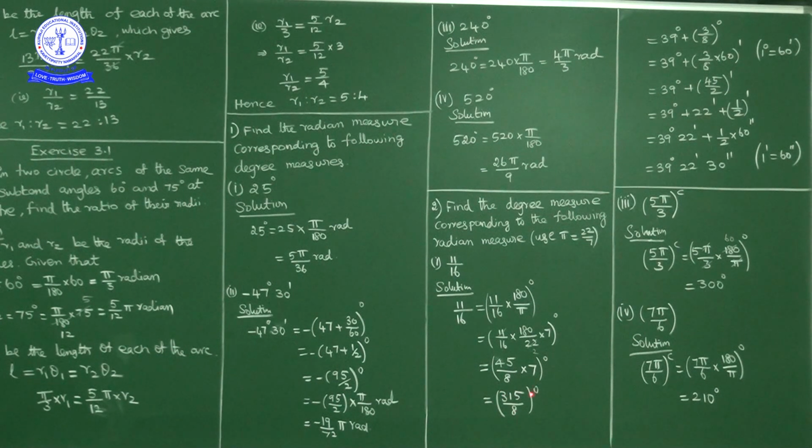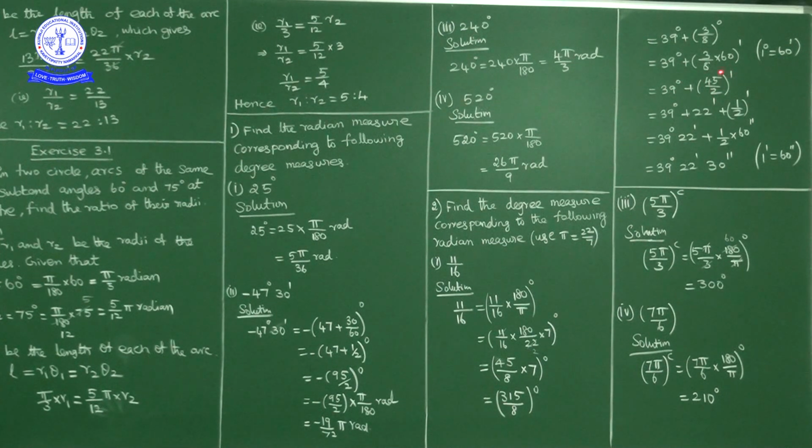315 upon 8 degrees, that we can write as 39 into 8 plus 3 upon 8, nothing but 39 degrees plus 3 by 8th part of a degree. I'll convert 3 by 8th part of a degree in terms of minutes. 1 degree is equal to 60 minutes, so 3 by 8 into 60 minutes. After simplification we have 45 upon 2 minutes. So 39 degrees plus 45 upon 2 minutes.